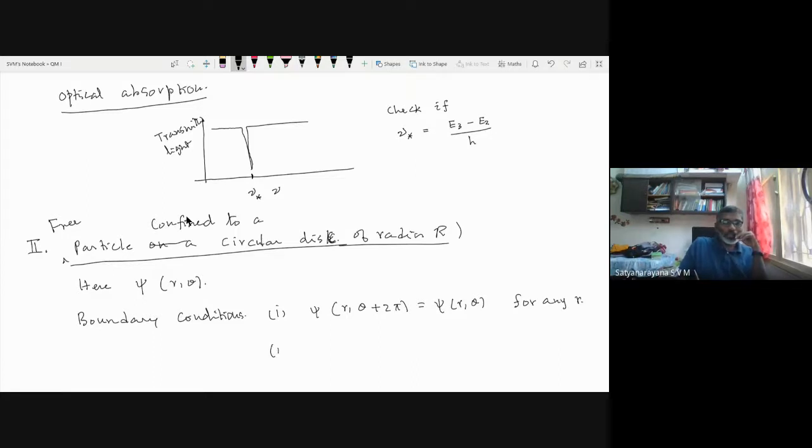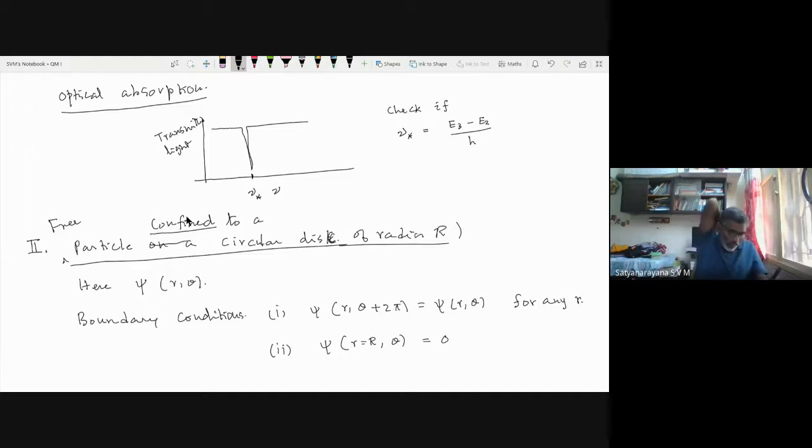And the second condition is that psi at r equal to R is 0. That means there is infinite potential outside. That is why it is said to be confined. So at r equal to R, psi goes to 0. These are the boundary conditions.